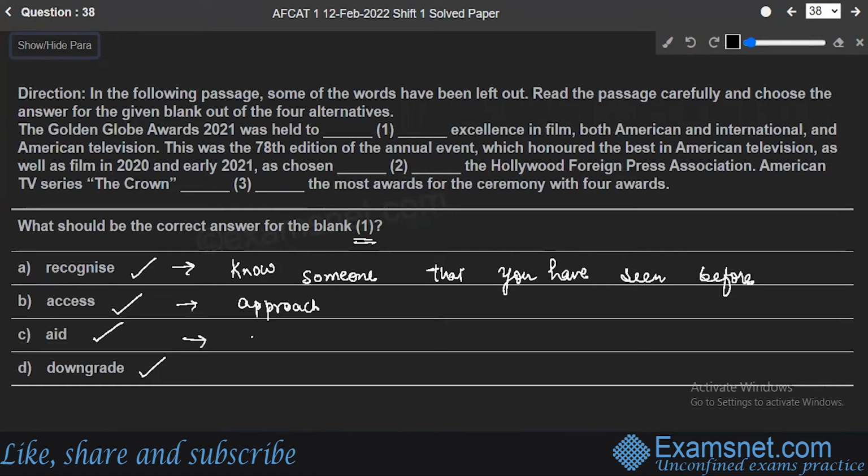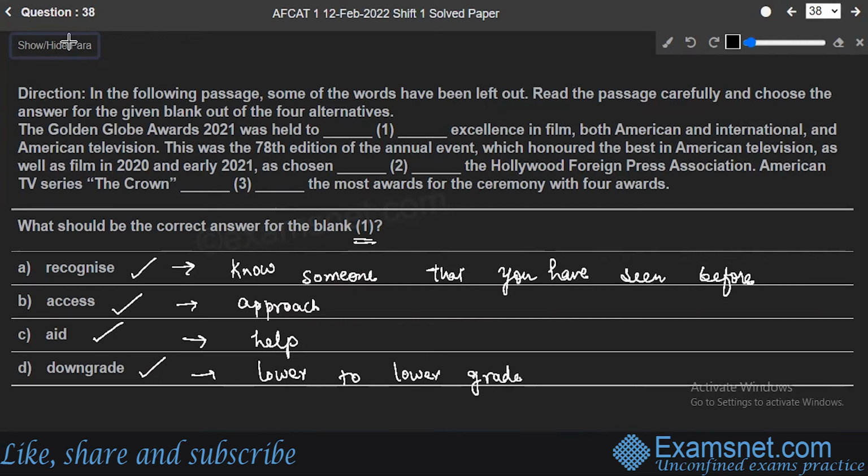Aid means to help or support in achieving something. Downgrade means to lower someone, to reduce to a lower grade, you can also say that.